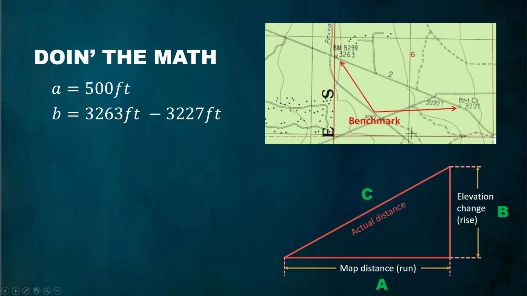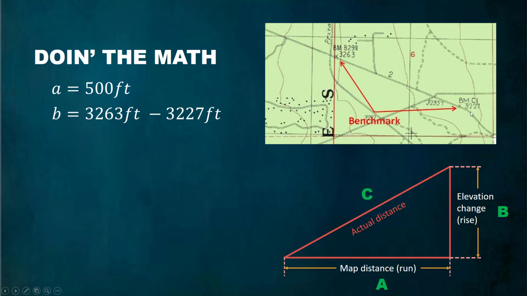So let's say that I'm going to hike up this road here, and I can measure this distance between these two points, between these two benchmarks, on the map, and it's 500 feet, right? So my distance a, the map distance, is 500 feet, which I've already measured using the scale bar. And then I want to figure out my vertical distance. So this benchmark is 3,263 feet. This one is 3,227 feet.